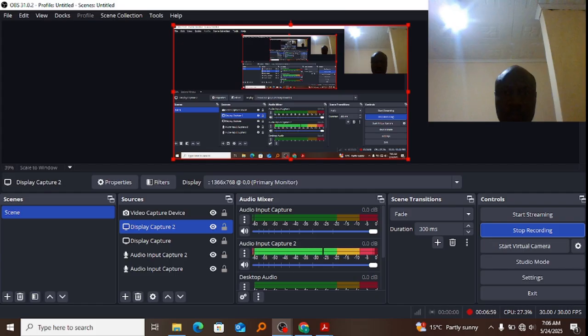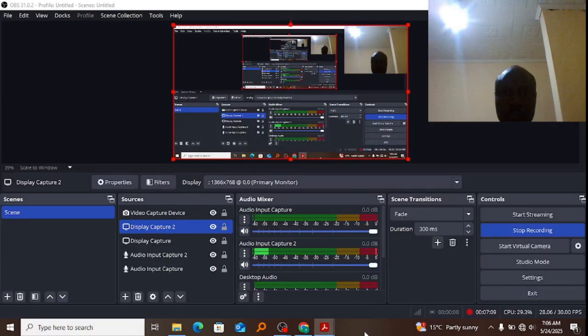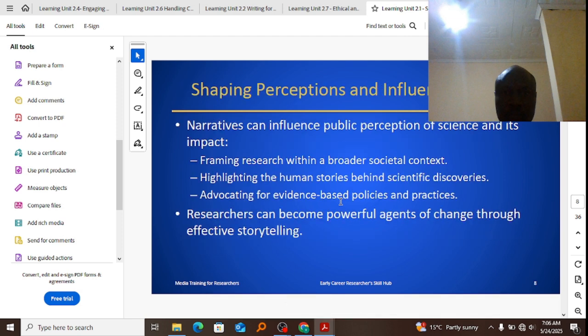Now we move to shaping perceptions and influencing action, where narratives can influence public perception of science and its impact.